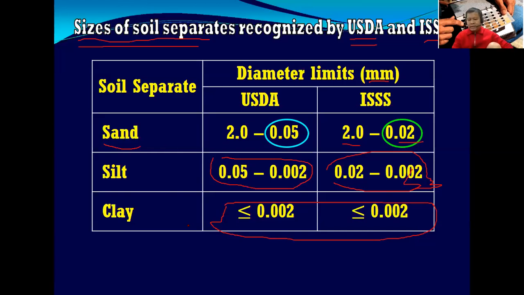So please try to remember. They differ only here: the upper limit of silt, 0.05 in USDA and 0.02 in ISS, and for sand, the lower limit is 0.05 in USDA and 0.02 in ISS. So take note of that. Okay?